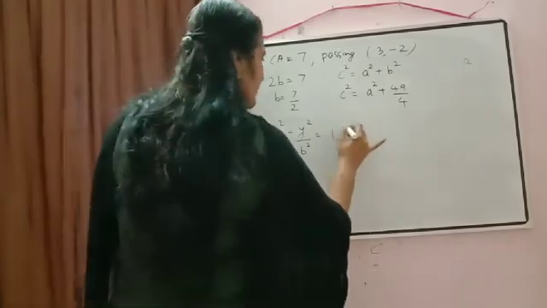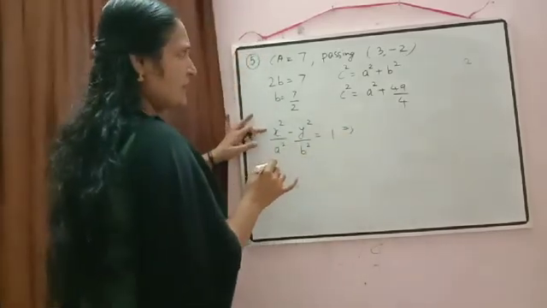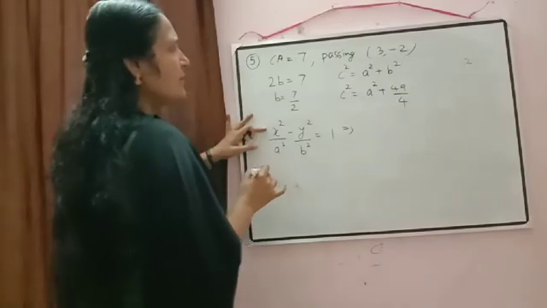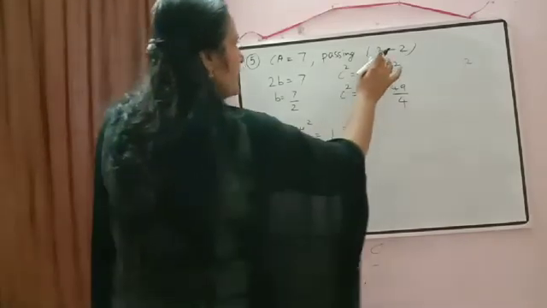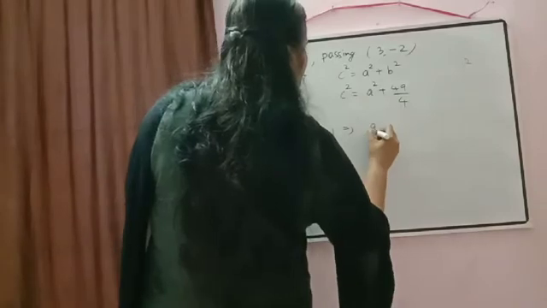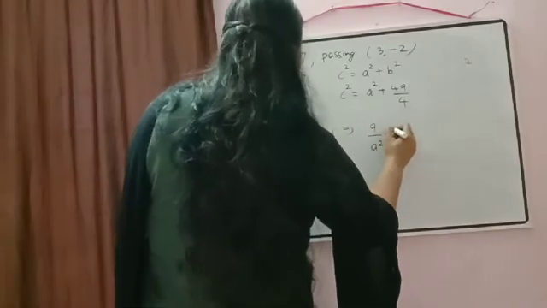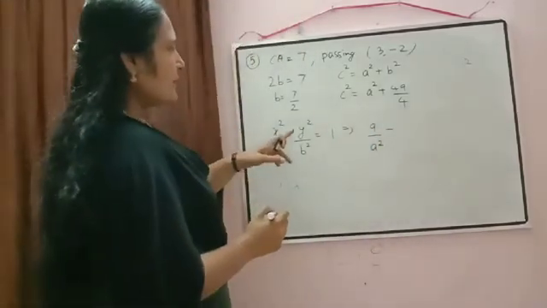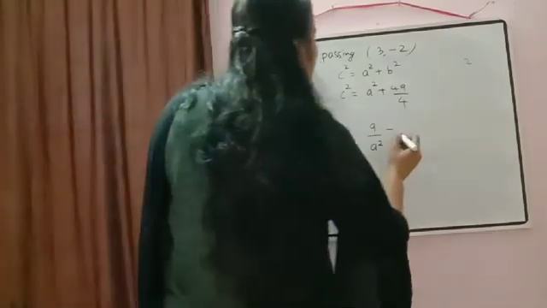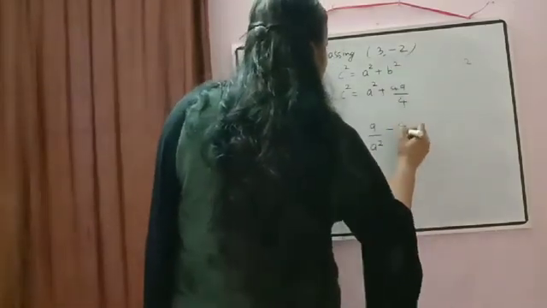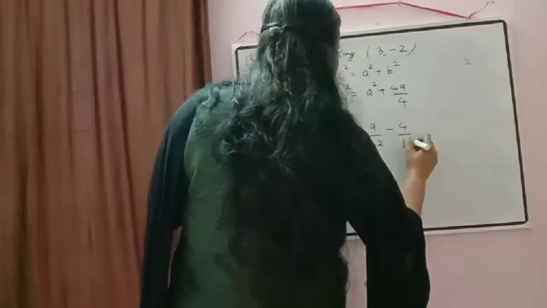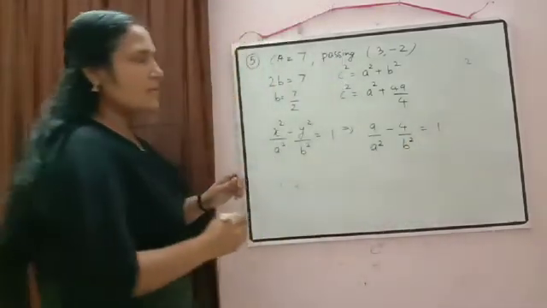Now just substitute the value. In place of x square, what we will write? In place of x square, 3. So it will be equal to 9 by a square minus y, so minus 2 the whole square, that will be equal to 4, 4 by b square is equal to 1.